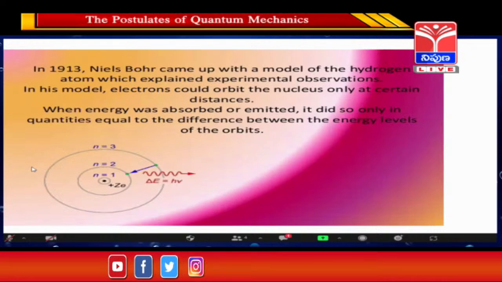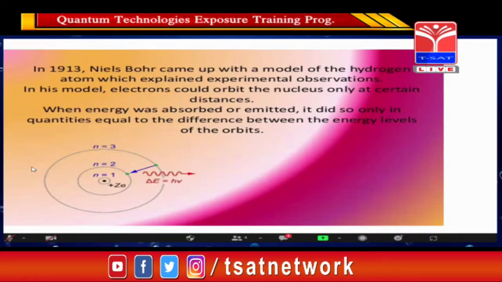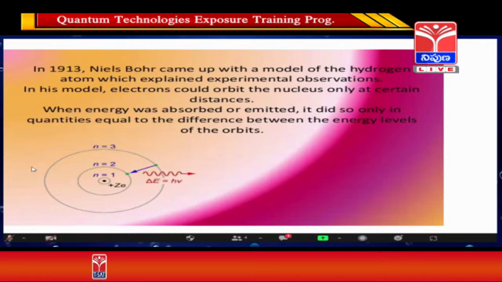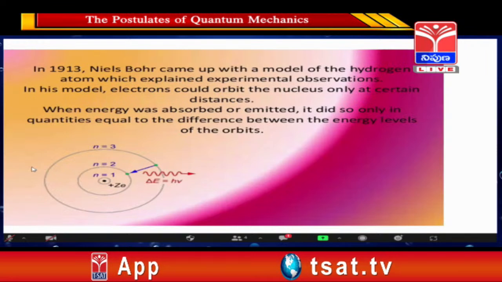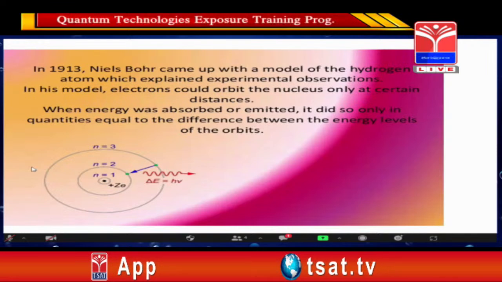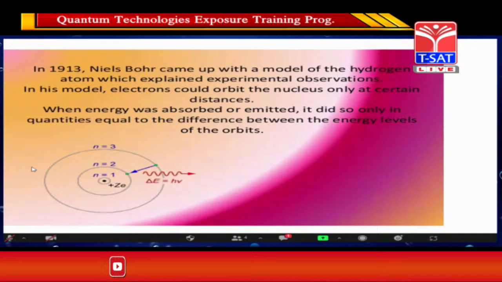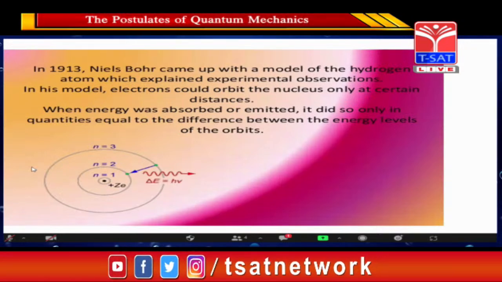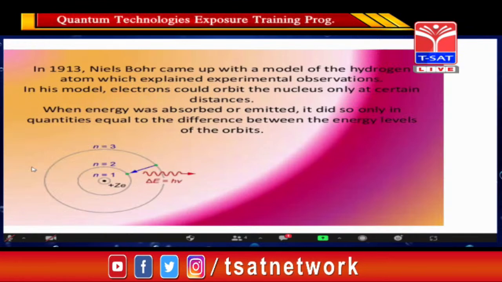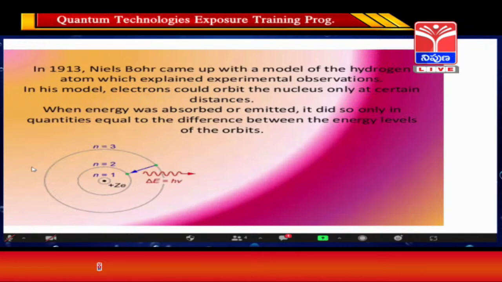However, the radii of these paths of electrons are not just any path. There are some fixed, particular levels in which these electrons can revolve around.